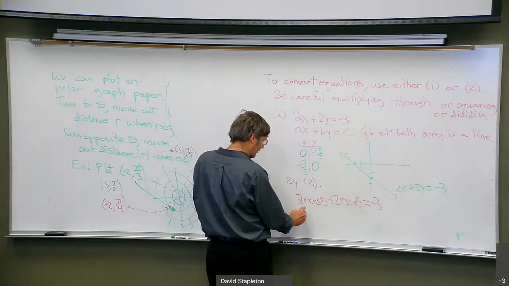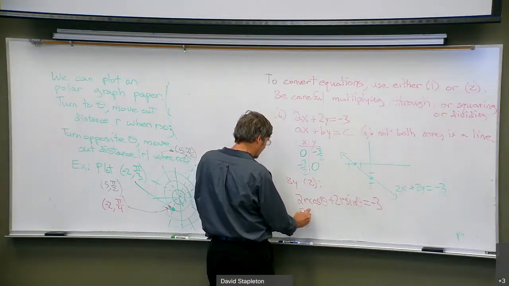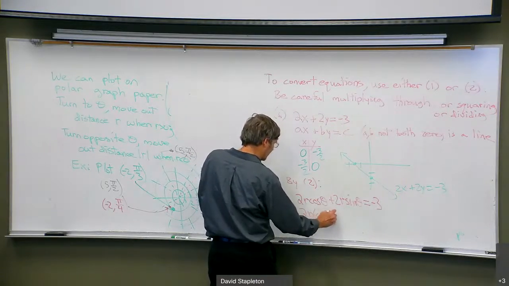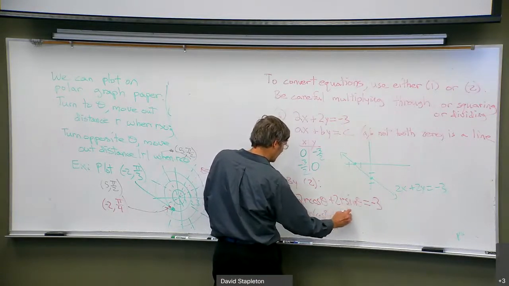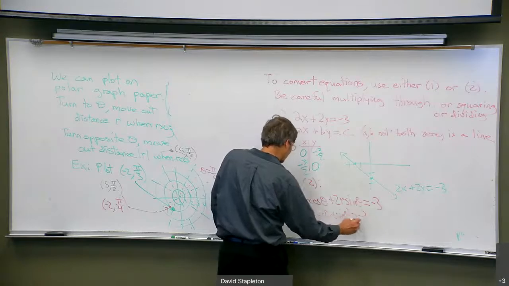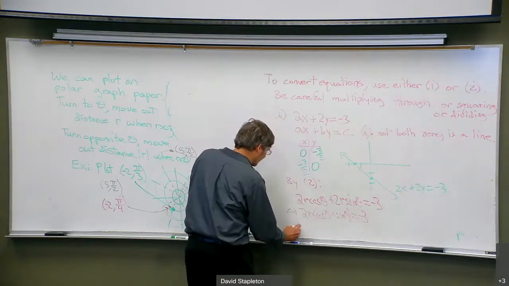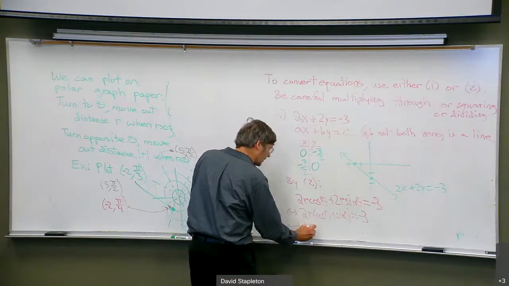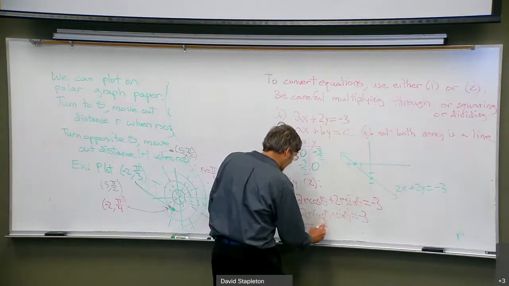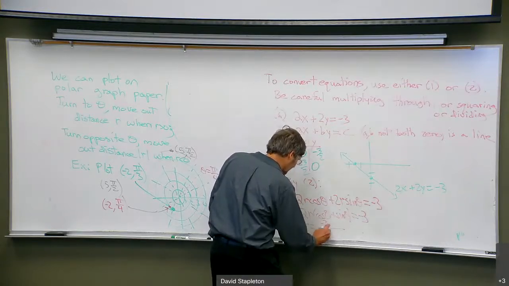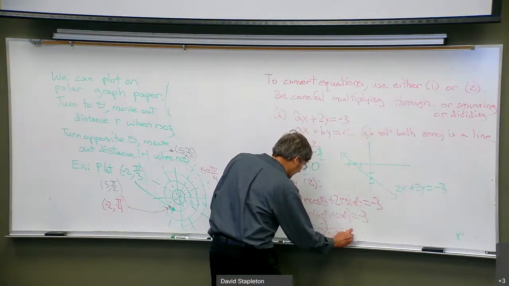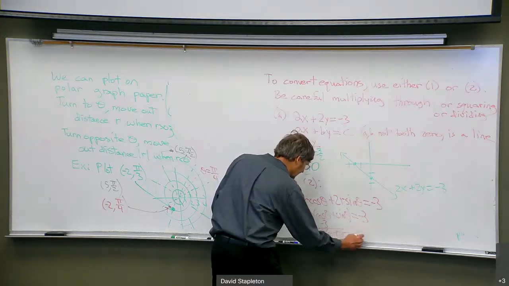So let's go ahead and factor this out. This is 2r times cosine theta plus sine theta equals -3. And then I can divide through and say that r equals -3 over twice cosine theta plus sine theta.